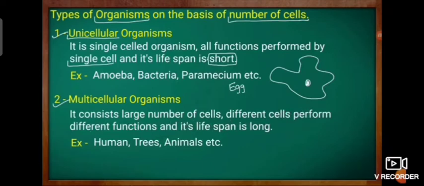And of course, having a complicated physiological system, their lifespan is comparatively long. So, according to the number of cells present inside the body, all living organisms are classified into two distinct types, unicellular and multicellular organisms.